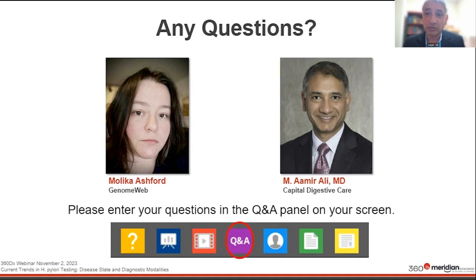Now, what was found is that there is a kind of continuum of findings in the gastric lining related to H. pylori infection. Almost everyone who gets H. pylori gets chronic gastritis, that can progress to intestinal metaplasia. And when intestinal metaplasia is present, that's a pre-malignant change.